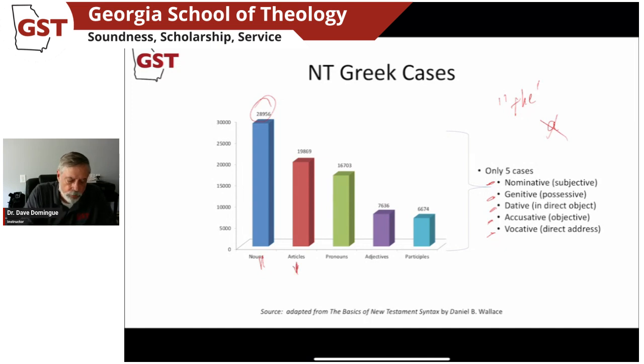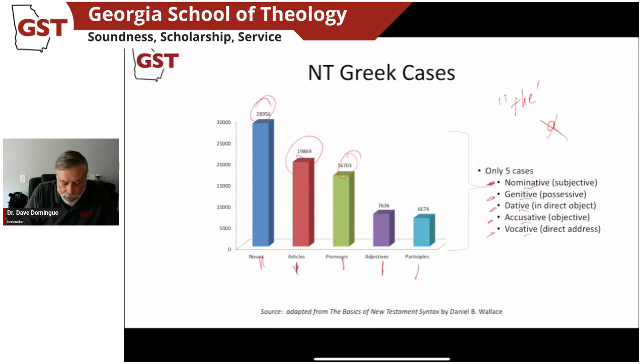But the articles, there's almost 20,000 under various cases: nominative case, genitive, dative, accusative, vocative, although not really vocative, and the adjectives and participles. Participles are a noun-verb combination, or really an adjective-verb combination, and we'll get more into that.